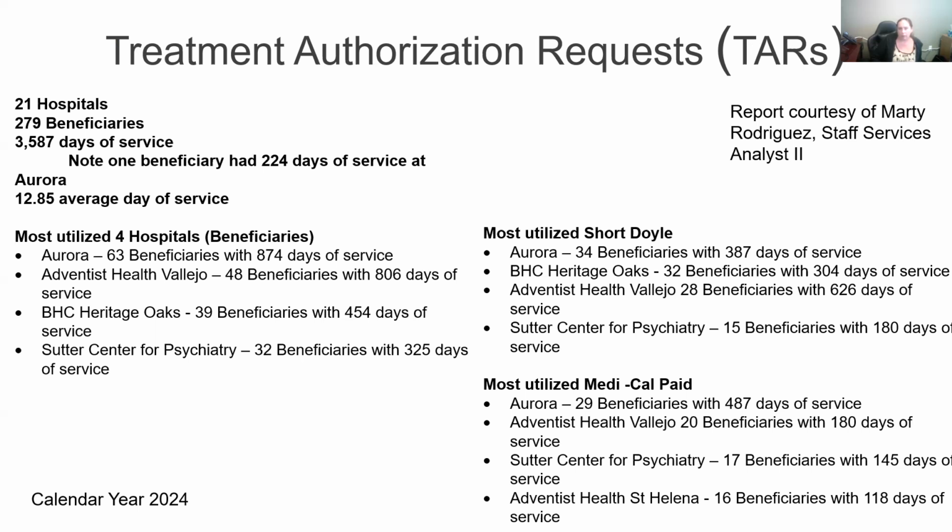The average day of service is almost 13. The most utilized hospitals are Aurora, Adventist Health Vallejo, BHC, Heritage Oaks, and Sutter Center for Psychiatry. Our most utilized Short-Doyle is the same, and it looks like the same for our Medi-Cal paid. Marty, did you have anything you want to add about this slide?